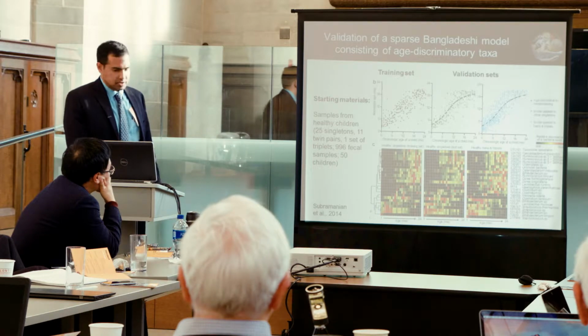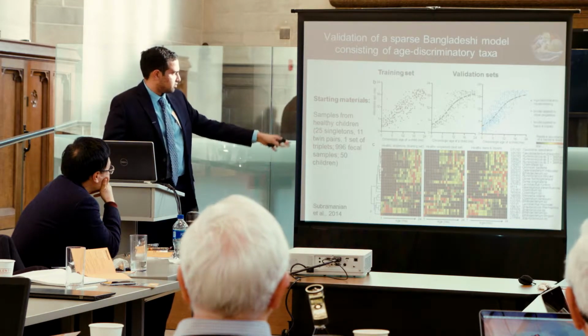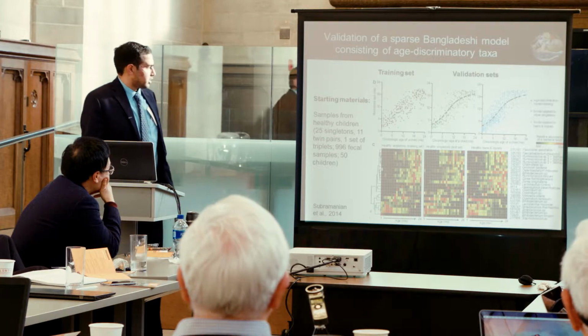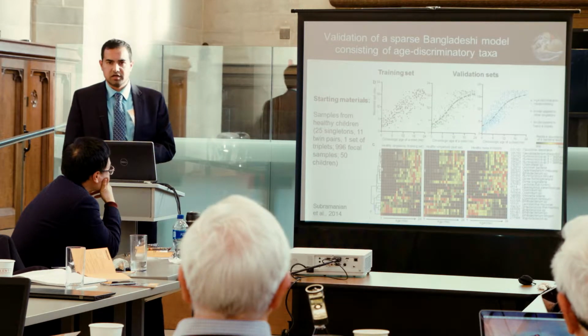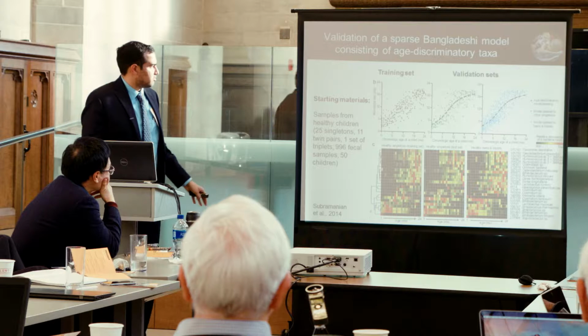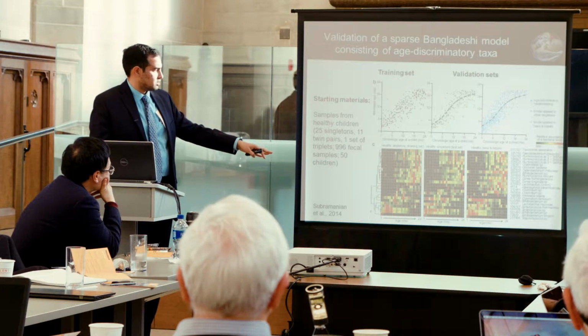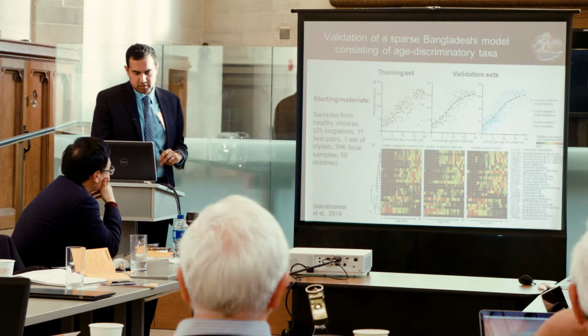So just to summarize here, in a training set on the far left, we have that pattern through time, and each point over there represents a fecal sample. And then we can go to a completely different set of children and ask, can we now apply this model and how does it function? And there was a reasonable fit to samples that are obtained from completely unrelated children in Mirpur, as well as healthy twins and triplets, a separate study that we did.